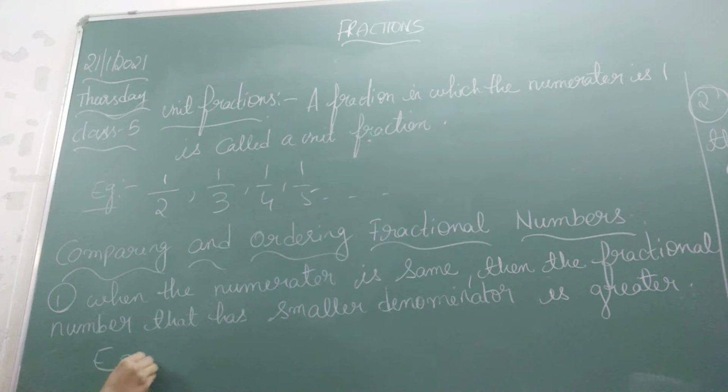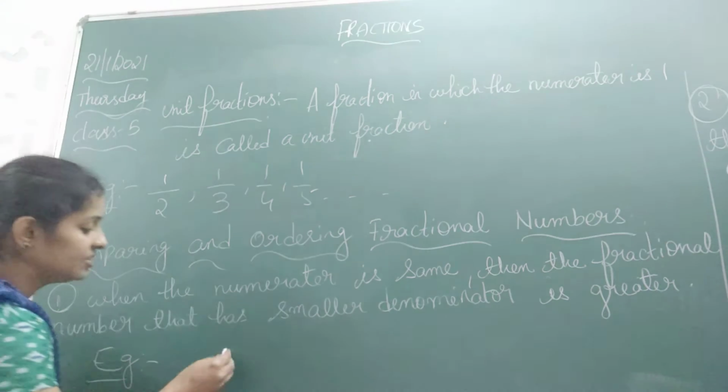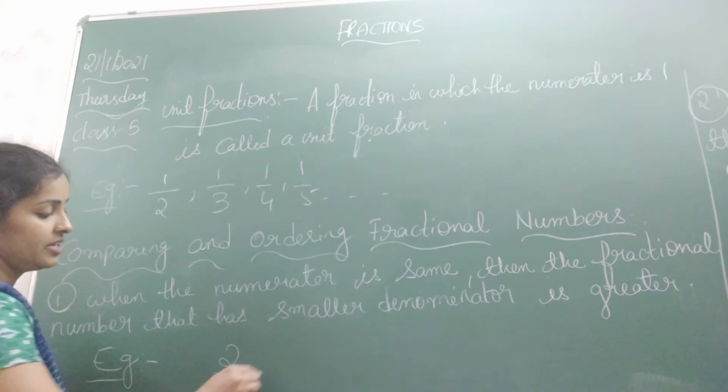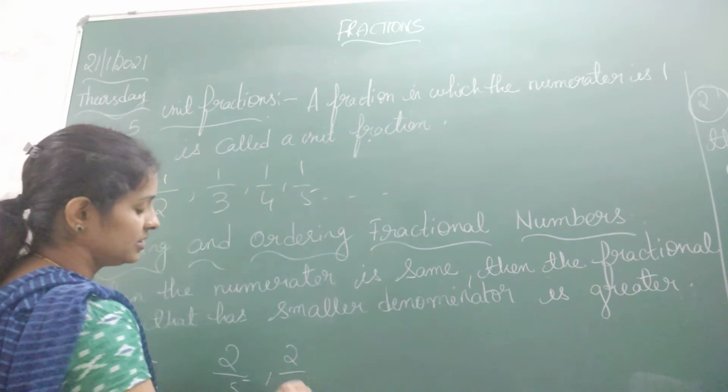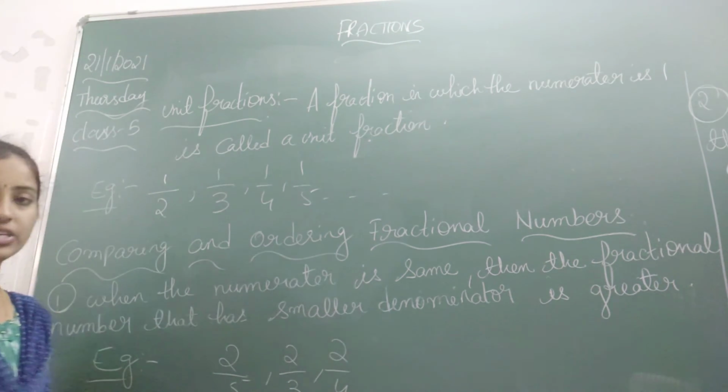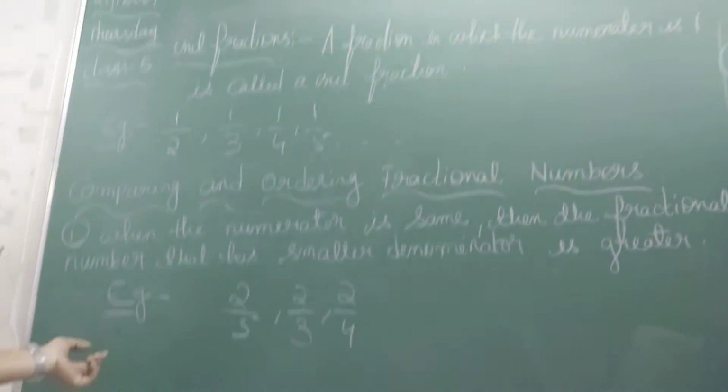What is given when the numerator is the same? Okay, let us take some numbers: 2 by 5, 2 by 3, 2 by 4. Here I have taken 3 fractions.